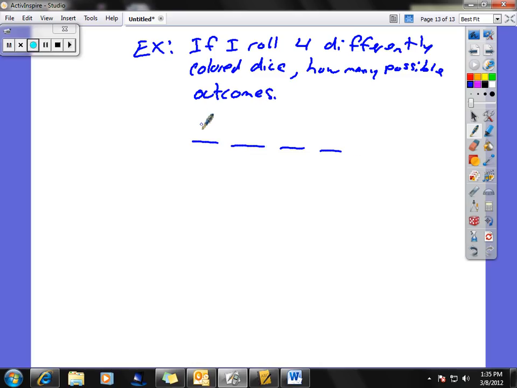For all of you Dungeons and Dragons fans, there are more kinds, but we're talking about 6. So each space is 6, and what do we do with these? You multiply them together, or you could say 6 to the 4th, which is 1296.